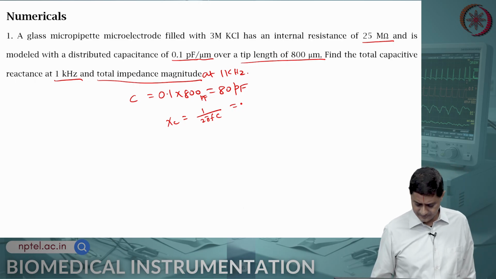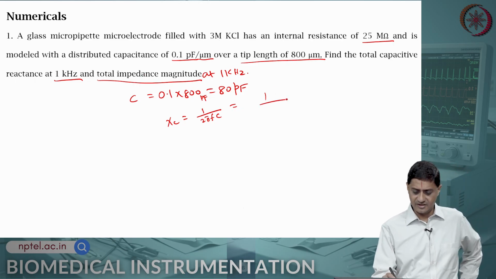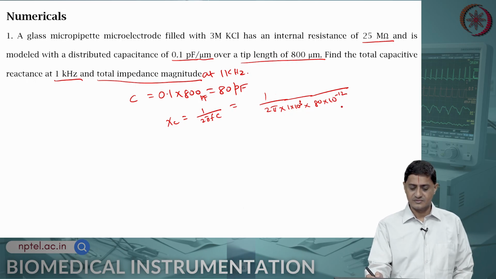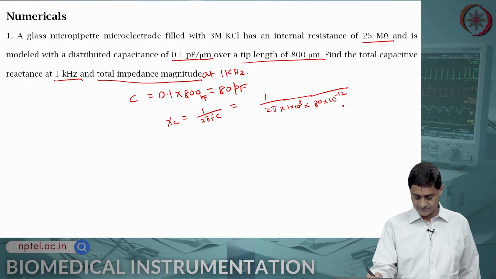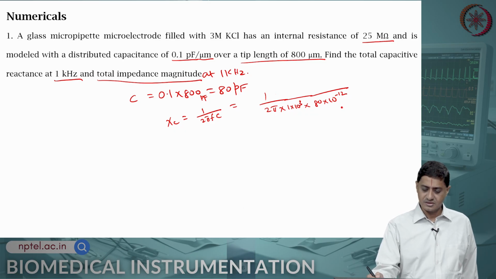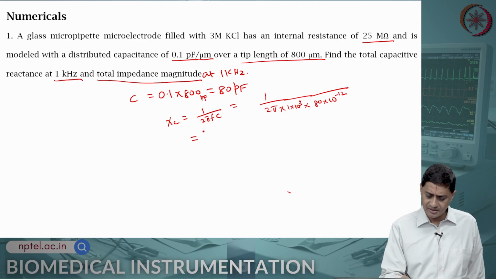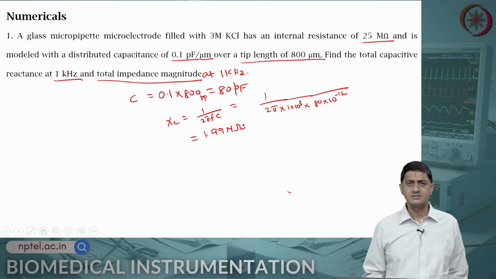This would be 1 divided by 2 times pi times f, which is 1 times 10 power 3, times c, which is 80 times 10 power minus 12. That would be approximately 2 mega ohms, 1.99 mega ohms.